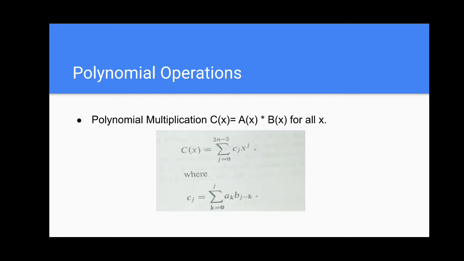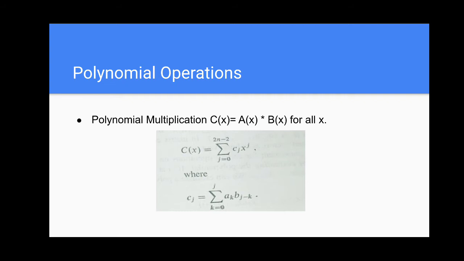Polynomial multiplication is slightly different. We may have to multiply each term in one polynomial with all the terms in the other polynomial. So if you multiply two polynomials of degree n, you will get a polynomial C of x of degree 2n.